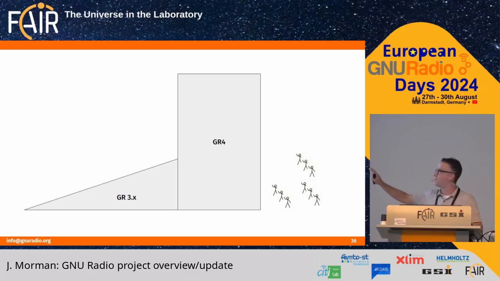So here's a little visual. We've got GR3 that has evolved over time, and now we've got this big advancement, GR4, sitting there. There's a summit here that we want to get to, but if you're right here, it looks like a roadblock, right? So this guy is the happy GR3 user. He's not performance critical.